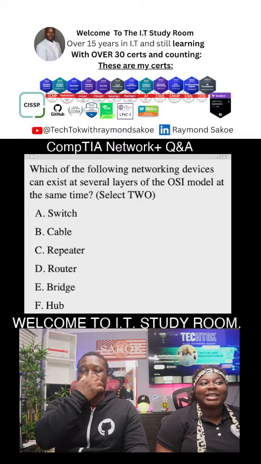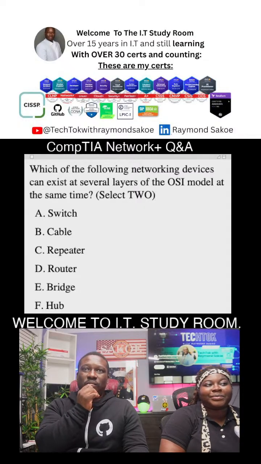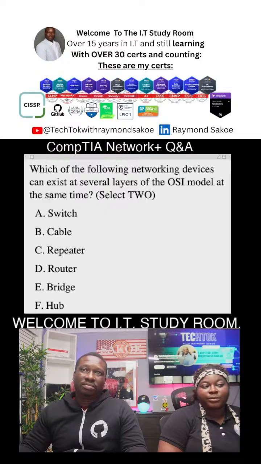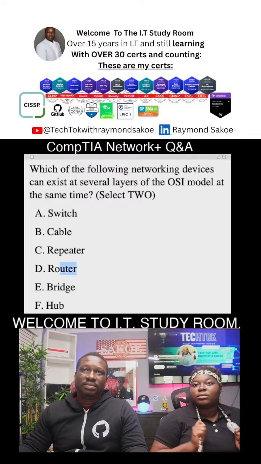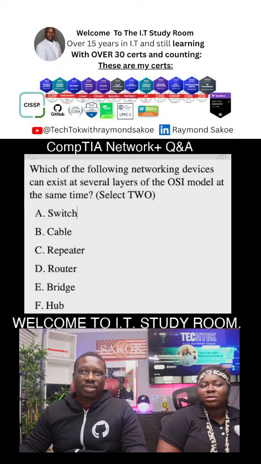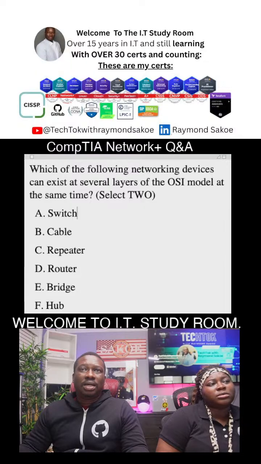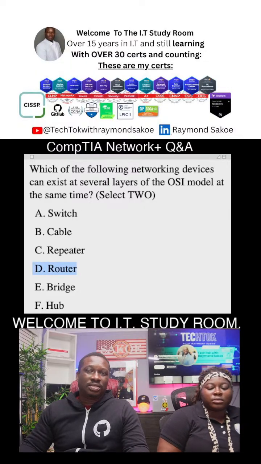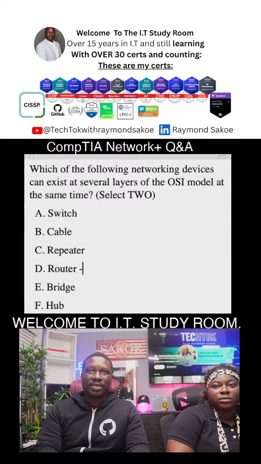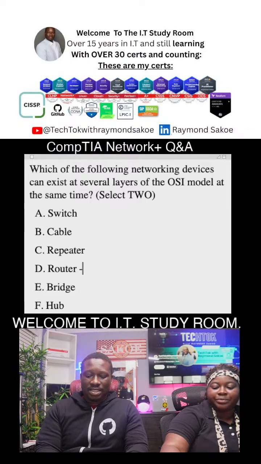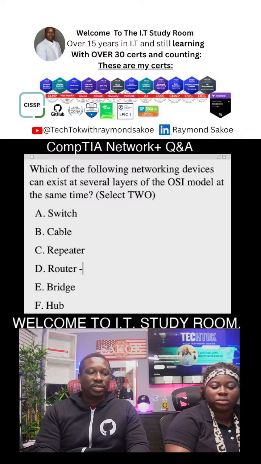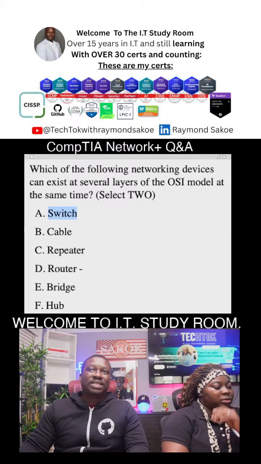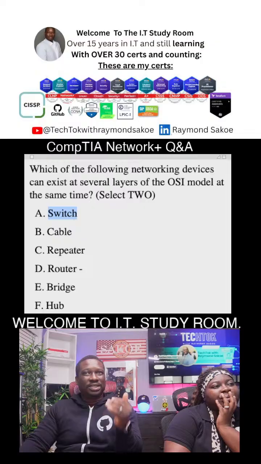We have A and D, A and F. So that would be A and D. Switch and router. You don't sound sure. No, I was just looking at the answer option. So we know that a router is on layer 3 of the OSI model, right? The network layer. Router, we know that. But switch, we know by default it's on layer 2.